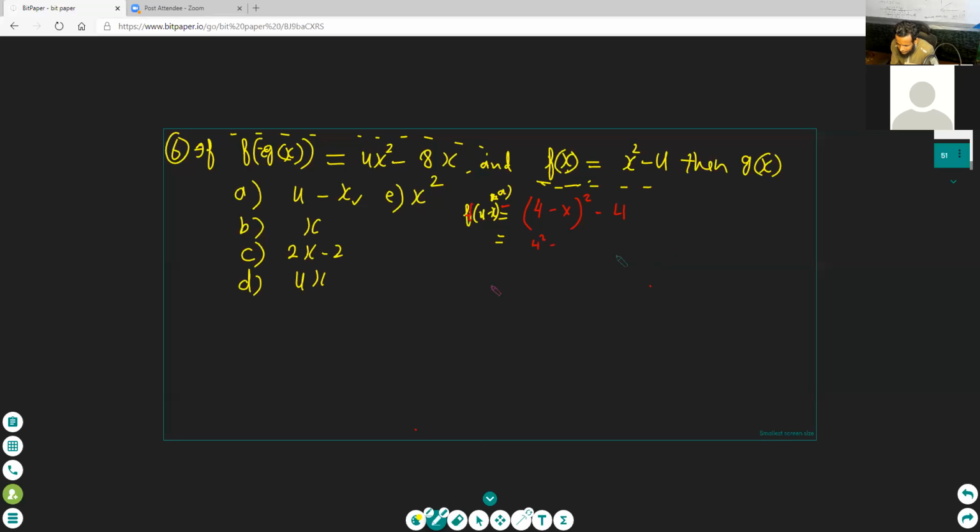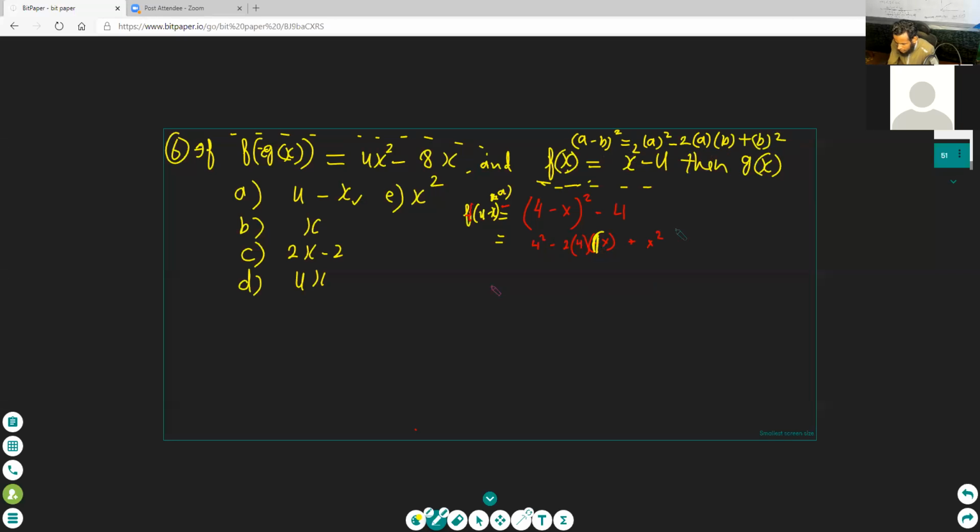4 squared minus 2, 4, yes, a minus b whole square. No, there is no need to put minus. The formula is a minus b whole square, so a square, minus 2ab, plus b whole square.